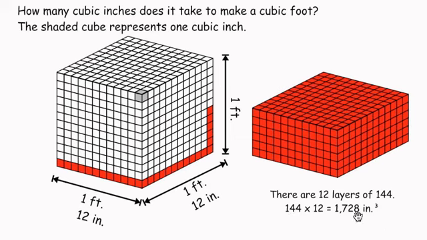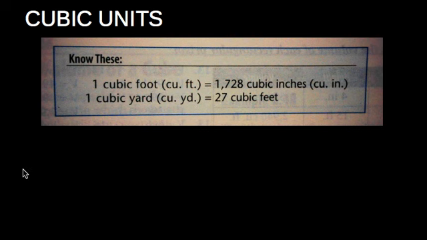So that's why this cube of 1 cubic feet has 1,728 cubic inches. That is the amount of cubic inches in 1 cubic feet. And that's why we're also going to have problems of conversions. For example, here we have 1 cubic foot.